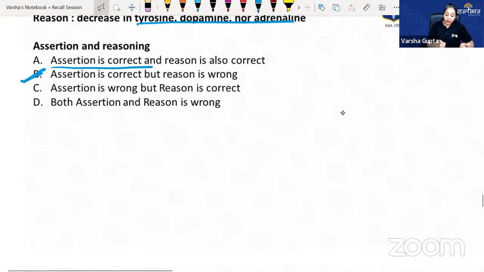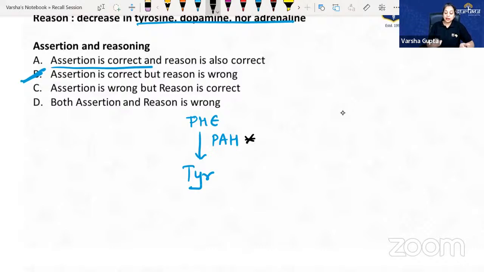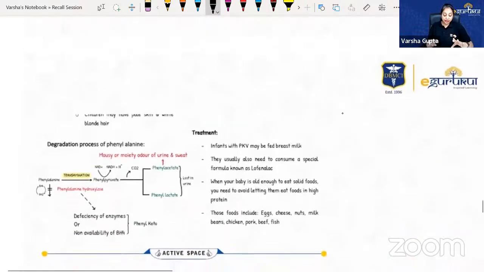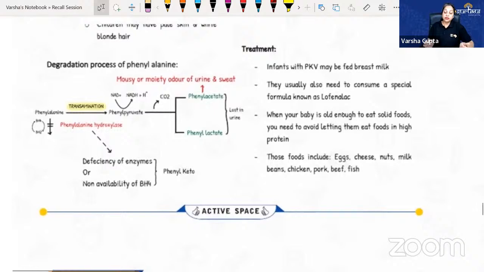We know in PKU, you have phenylalanine. If we do the phenylalanine hydroxylation of the phenylalanine, we get the tyrosine. Any deficiency in this phenylalanine hydroxylase enzyme gives rise to phenylketonuria, which leads to the accumulation of lots of phenylalanine.